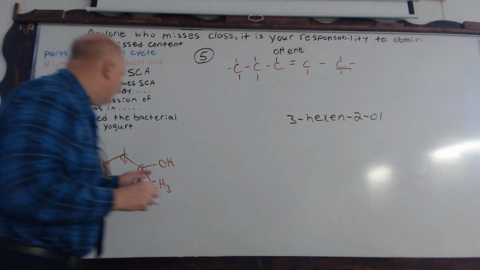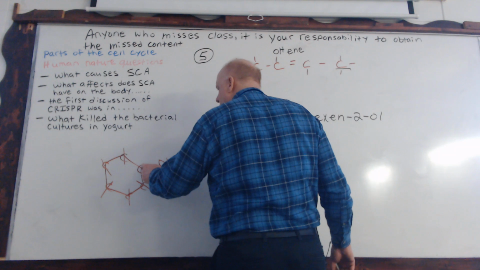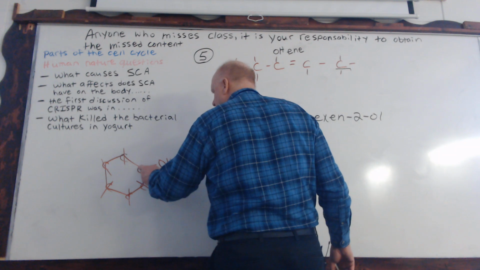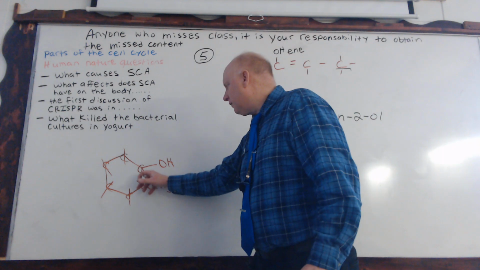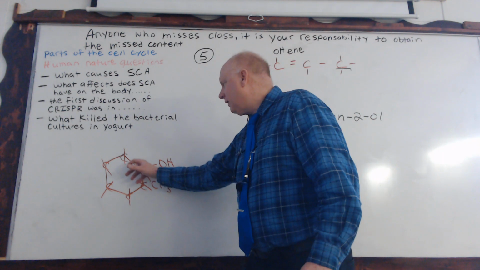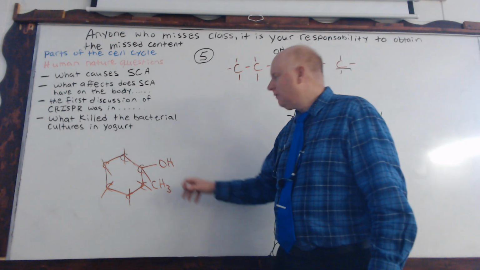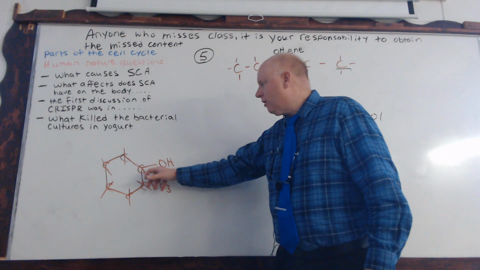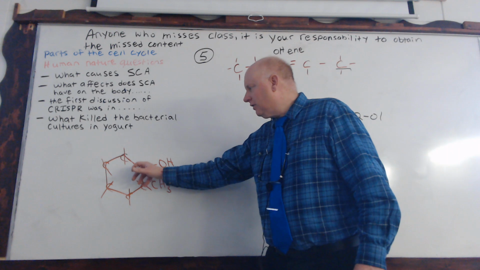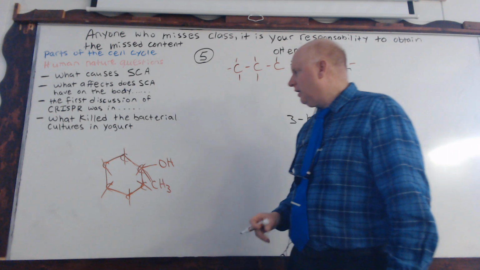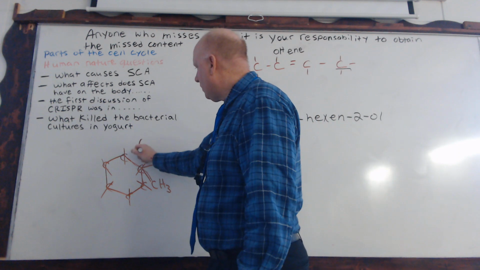Since this OH group attaches to this carbon, how many other carbons are attached to this one? There's one down here, there's one back here, and then there's one over here. That's a carbon-to-carbon bond too. So if this carbon is attached to 3 other carbons, yep, this is a tertiary alcohol.